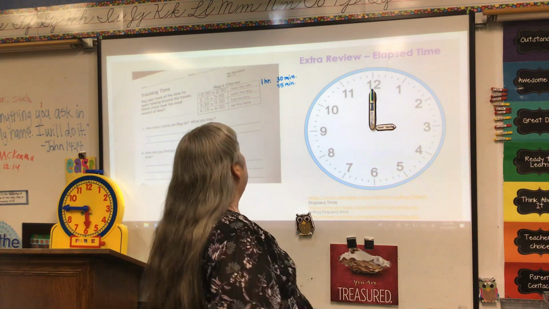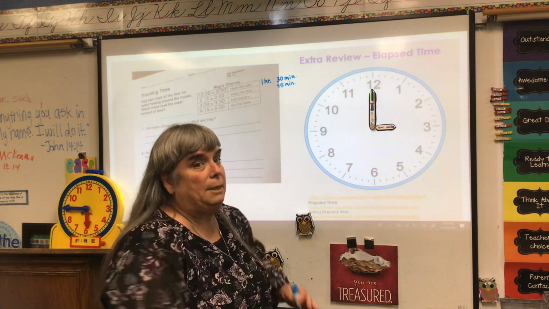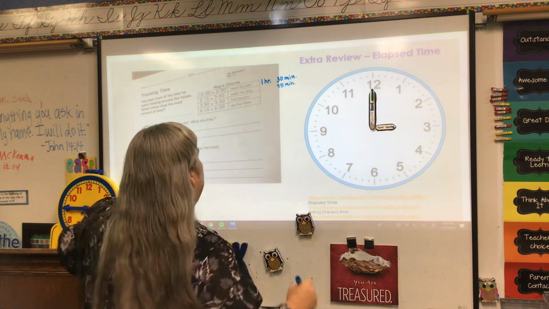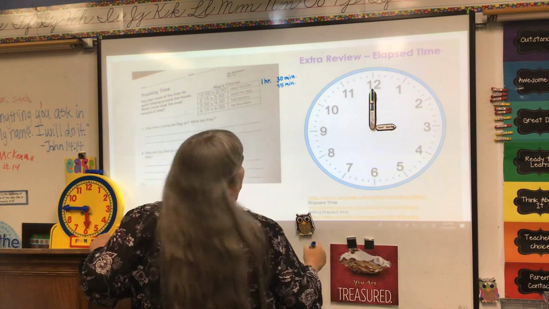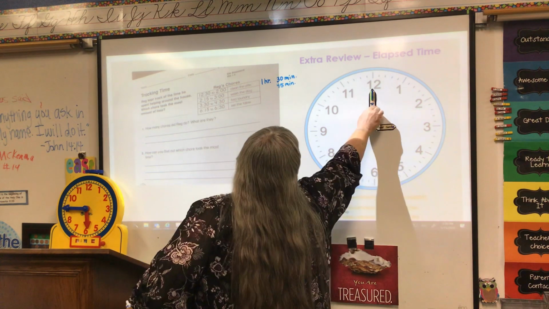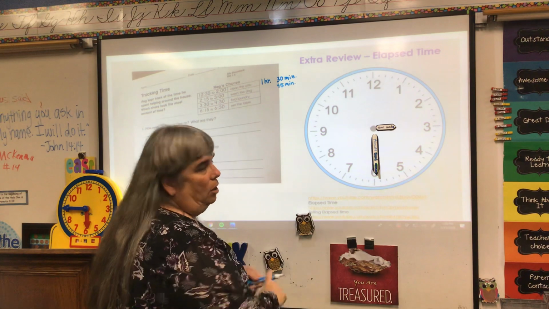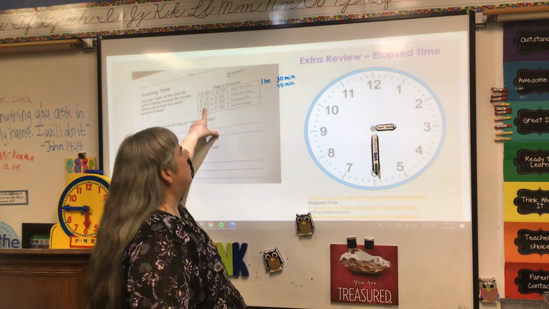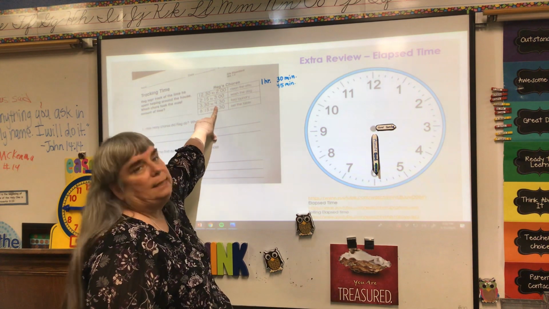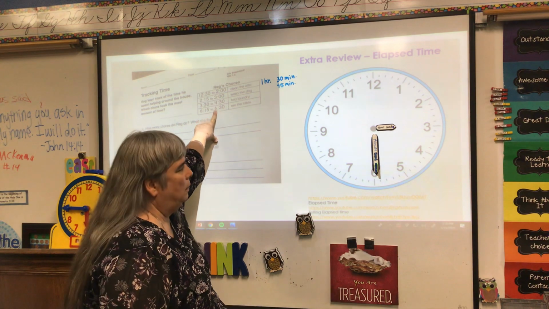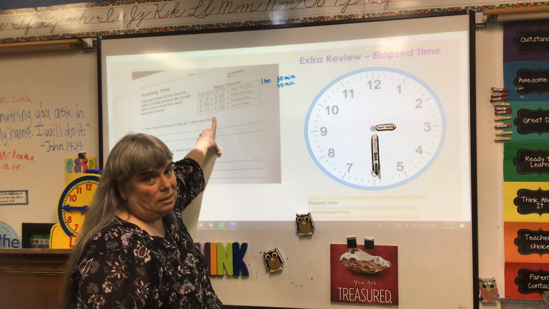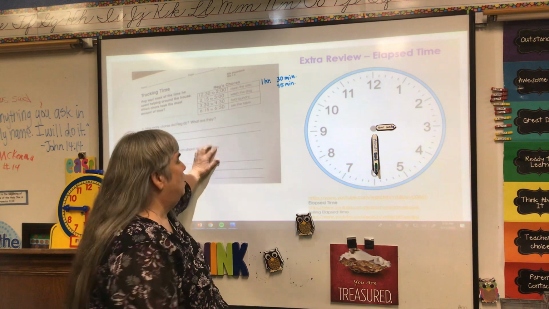Okay, folding the laundry. Folding the laundry is going to be an easy one. Let me show you why. We are going to go all the way around the clock because he's starting at 3:30 and he's ending at 4:30. We could do that as a subtraction problem, okay?